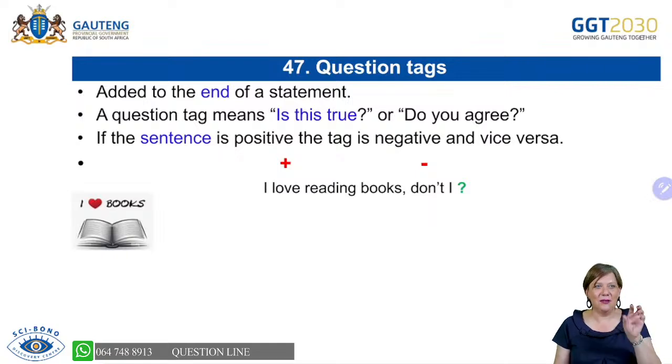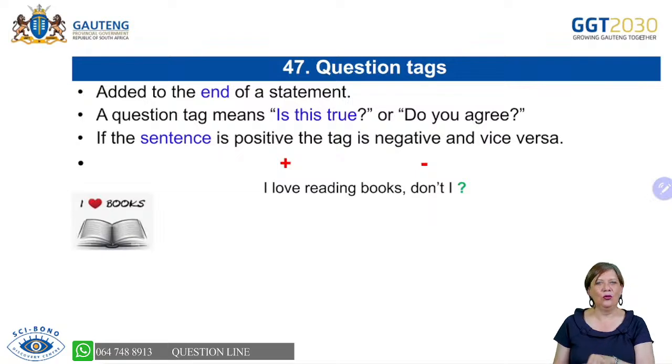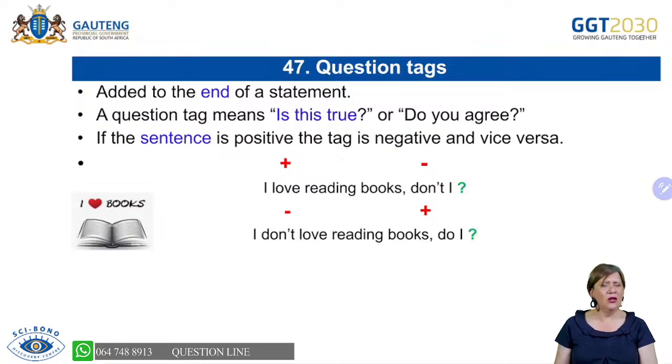The I love is positive, and then your tag will be negative. Don't I? Or we can swap it around. I can say, I don't love reading books. Do I? So can you see there must be a positive and a negative? So find your verb, check whether it's positive or negative, and then do your tag at the end.